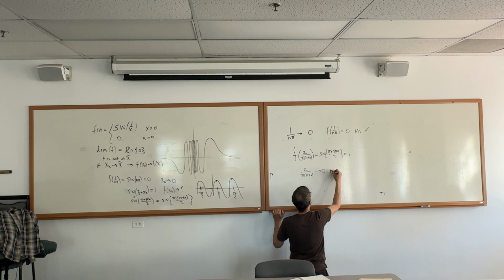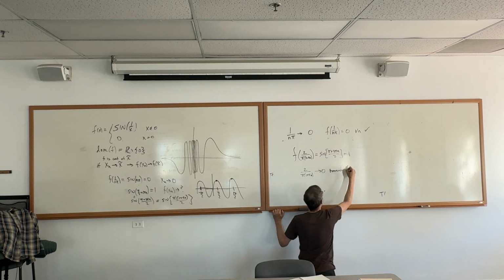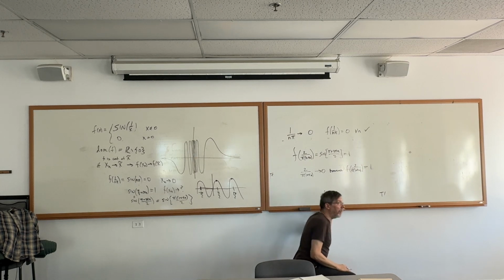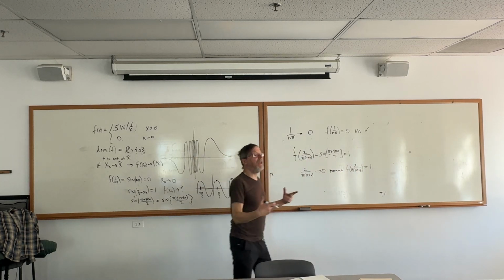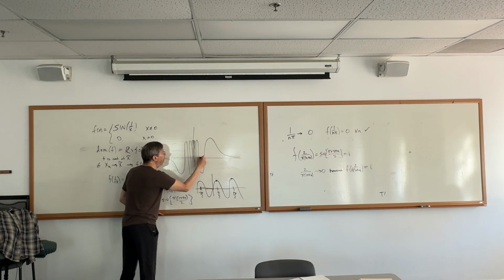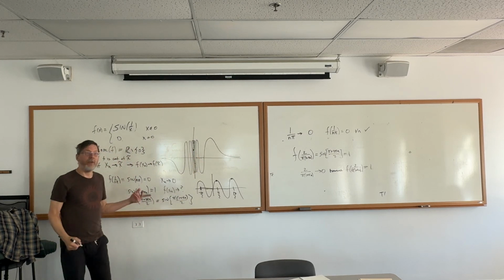However, f of 2 over pi, 1 plus 4n, is constantly 1. So it does not converge to 0. Can I get a sequence of points converging to 0 that converges to any value inside here? And the answer is yes.